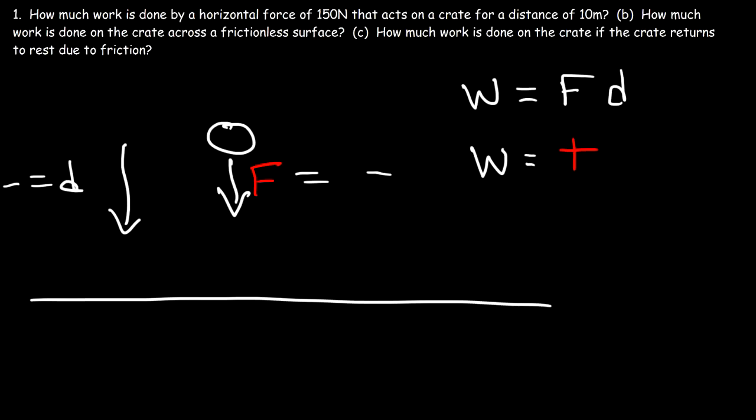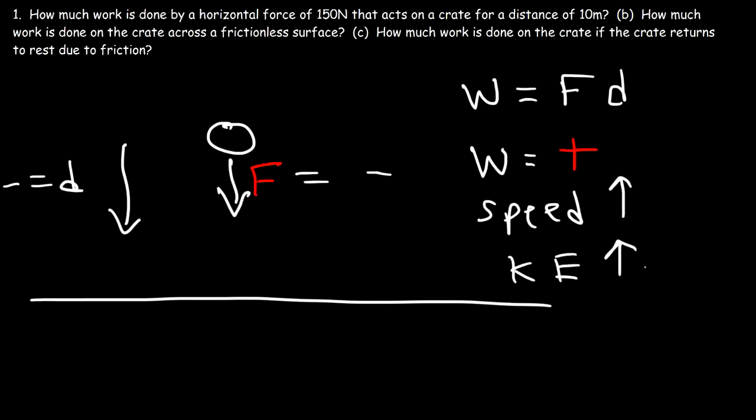Now, whenever the work done on an object is positive, what's going to happen to the speed? Anytime the work done is positive, the speed increases. If you drop a ball from the top of a building, it's going to fall down faster and faster and faster. If you ignore the effects of air resistance, the speed will continue to increase. The velocity is negative and becoming more negative, but speed is always positive, so the speed goes up, which means the kinetic energy of the ball increases.